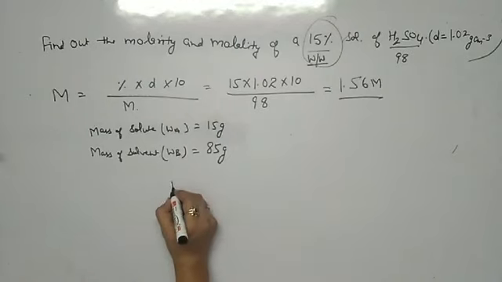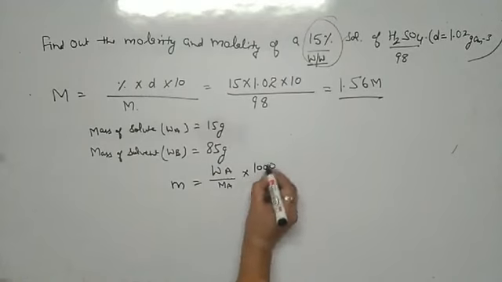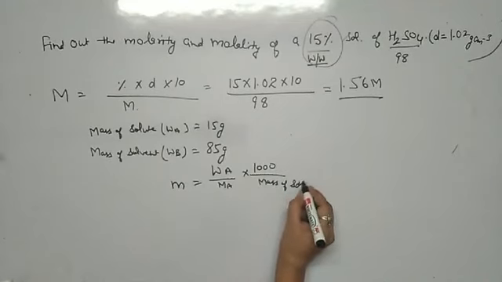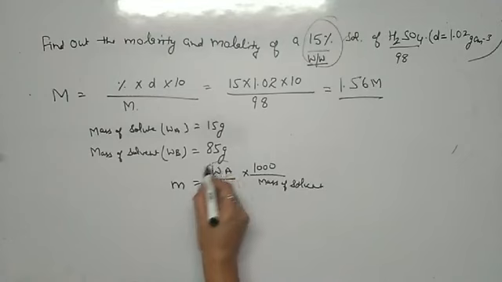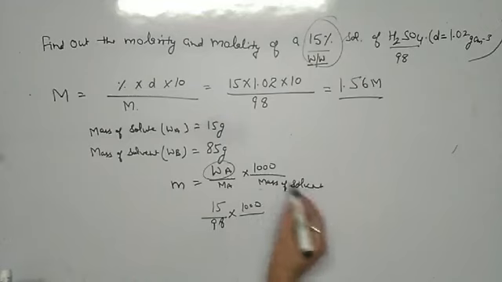So you apply the formula of molality, and what will that be? WA upon MA into 1000 upon the mass of the solvent. Is it clear? This one is 15 divided by 98 into 1000 upon the mass of the solvent, which is 85.